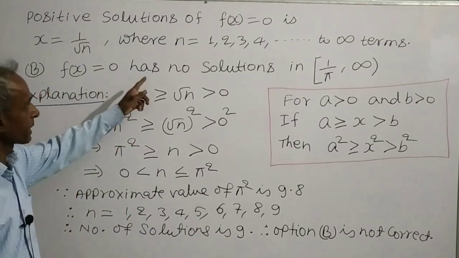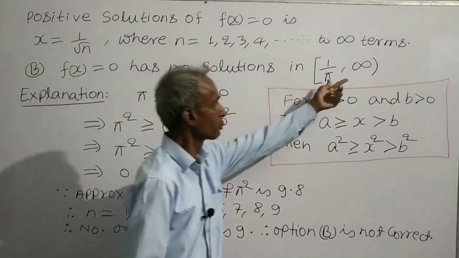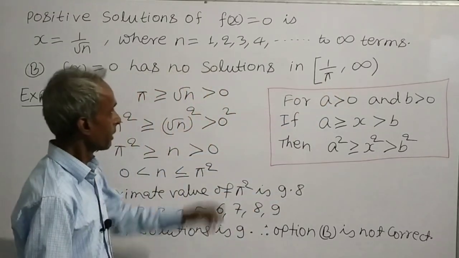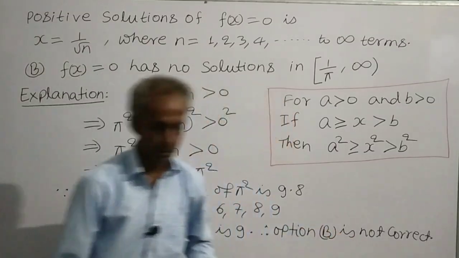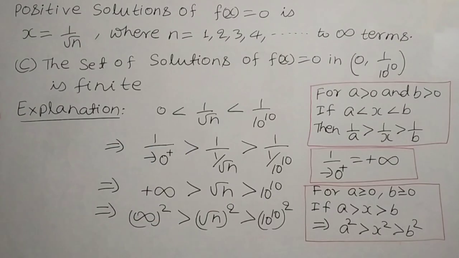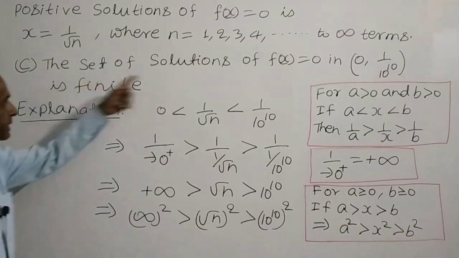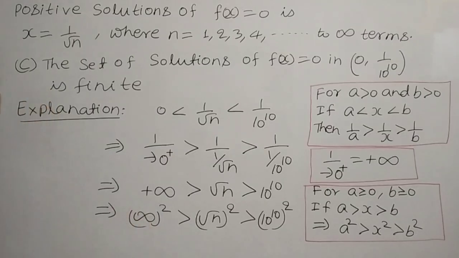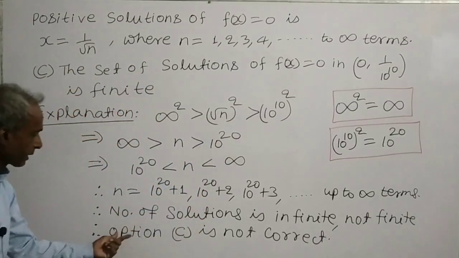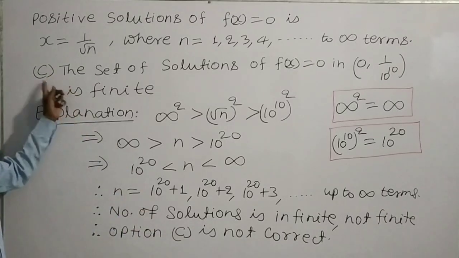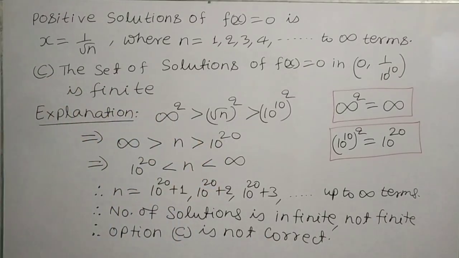But in this option it is given that there is no solution in this interval. Therefore this option is not correct. Now we consider our option C here and here and find that this option C is not correct.